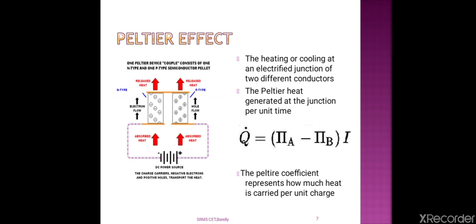As you can see in the figure, we had taken two materials. One is of N type and another is of P type. Let us take N type as A material and P type as B material.